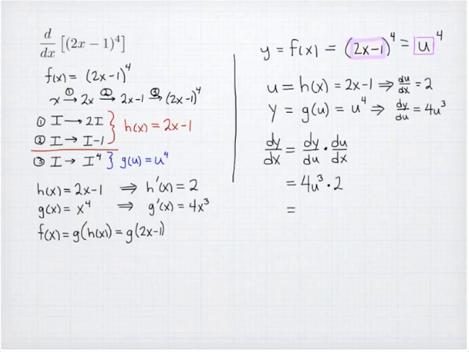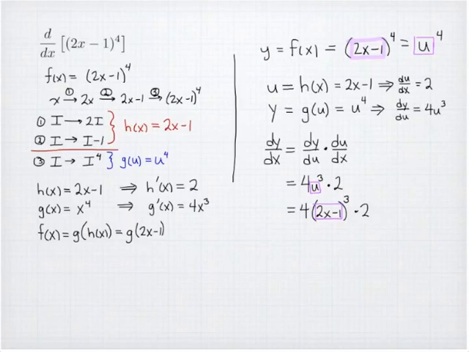Now the last step is I have to go back and change u into its original formula. u equals h of x, which is 2x minus 1, cubed, times 2. So I've taken my u and I've put it back to the original formula.